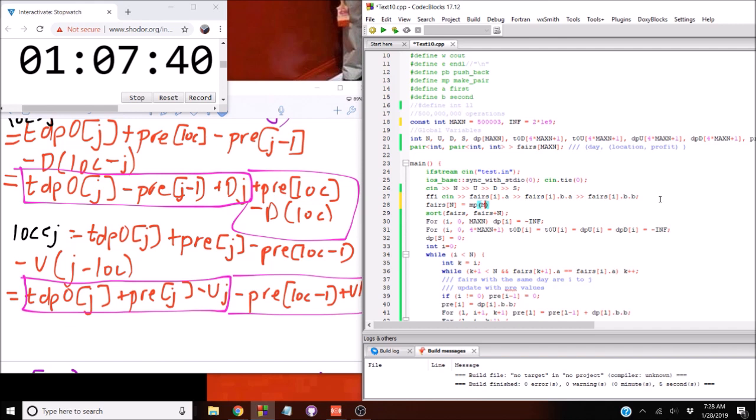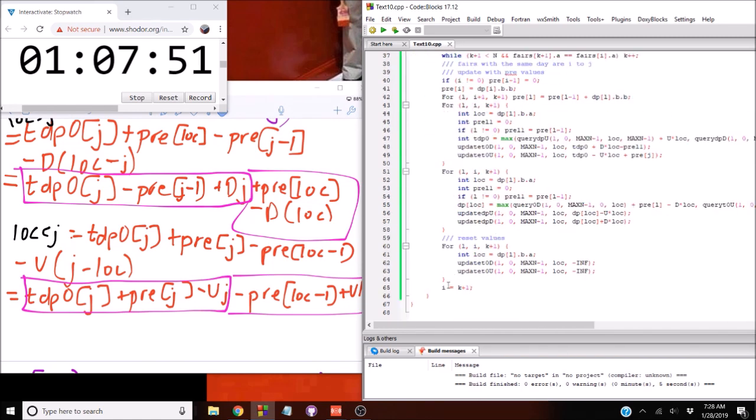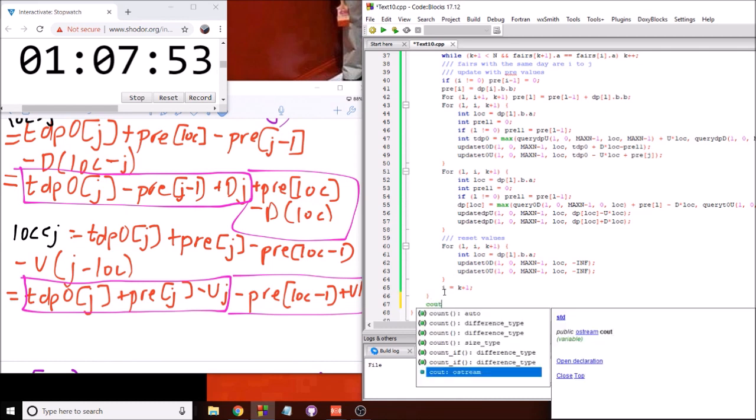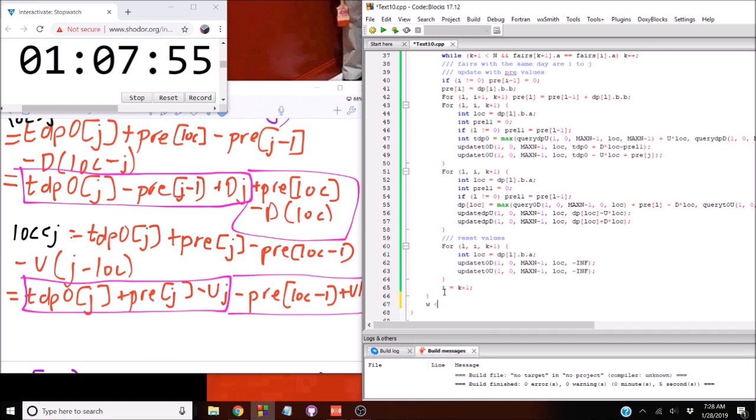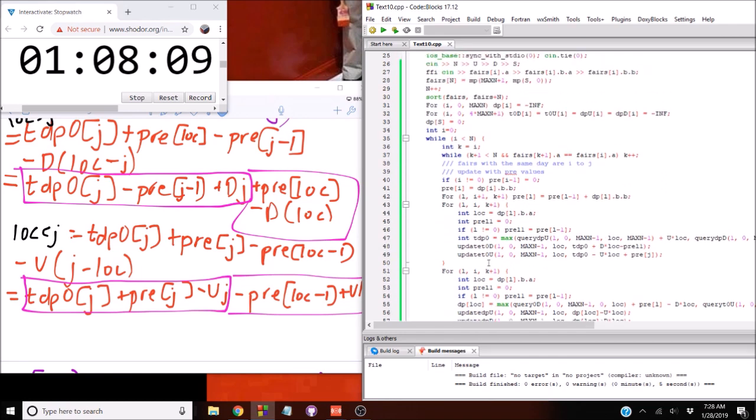Let's make a pair. Max n plus 1, the location is S, and the profit is 0. And then n plus plus, because we have 1. And this is just so that at the end, I can print the min cost or the max profit if I end up at S. And they said that there'll be no events at S, so all the stuff that's here should work.